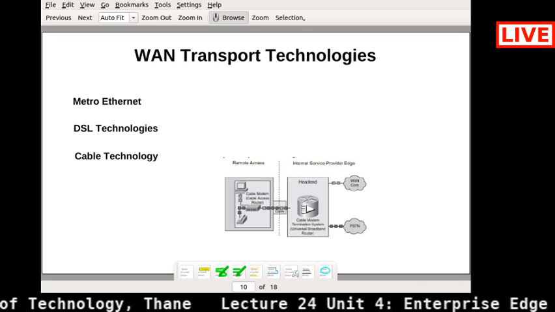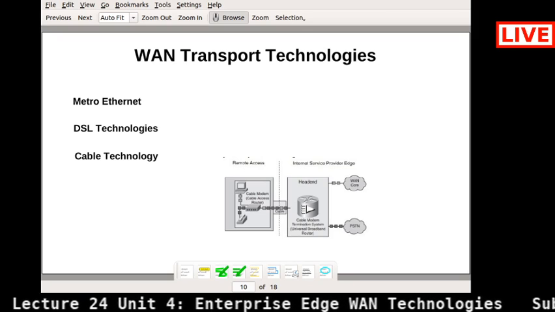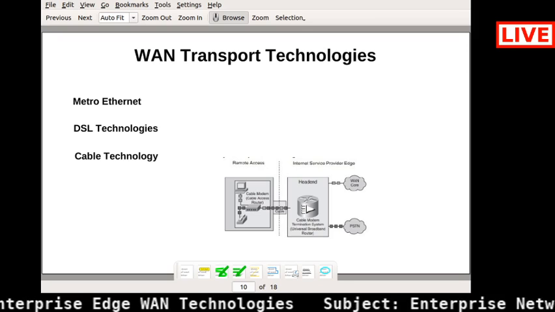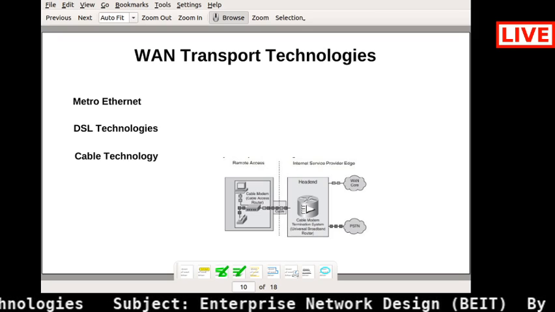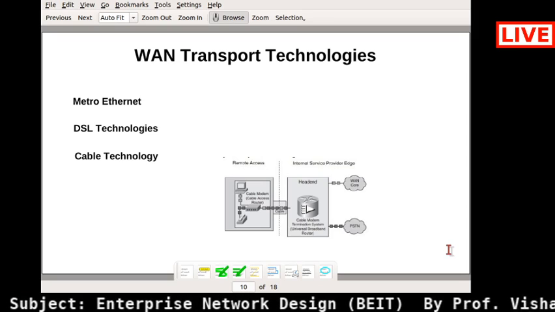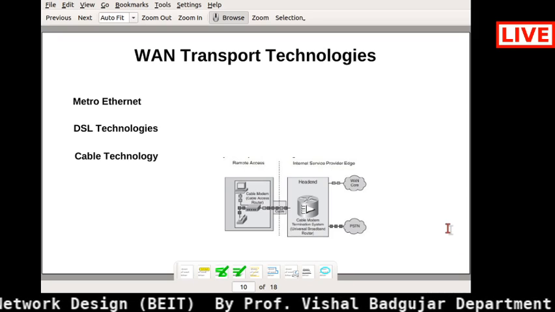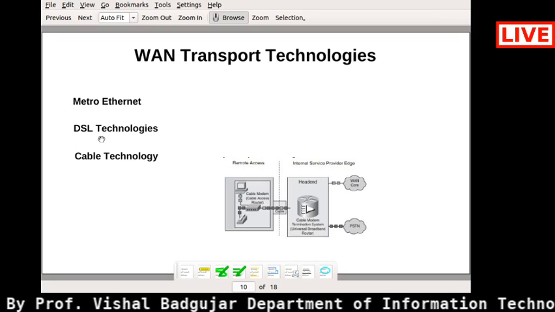All of this can be provided by metro Ethernet, which helps deliver voice, video or data networking. We mainly use metro Ethernet in the MAN and the WAN. So this is also one of the transport technologies.